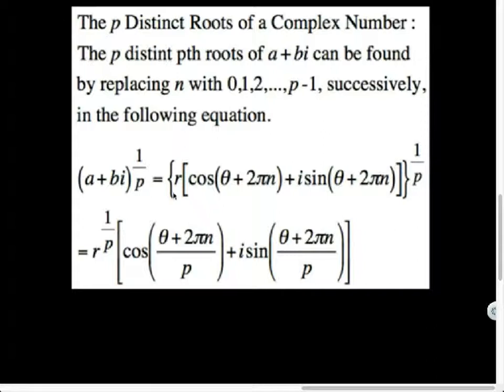Also, look at this, curly braces, square brackets, parentheses. Isn't that just lovely? I love it.